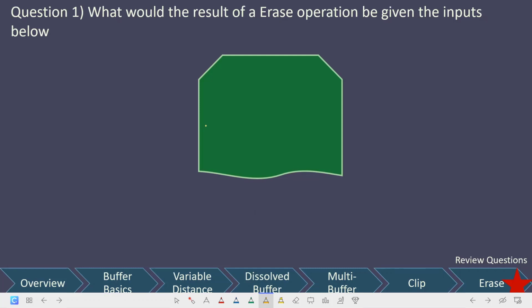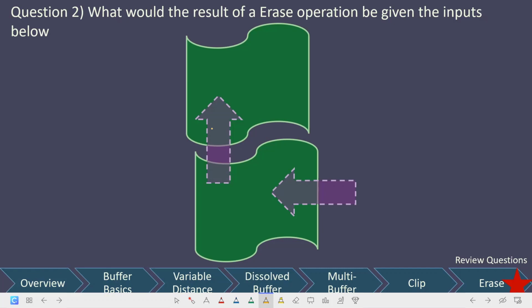Okay. So let's do a slightly more complicated example. Let's say that we have two features in the input features and two features in the erase features. What would happen if we were to run an erase between these features?